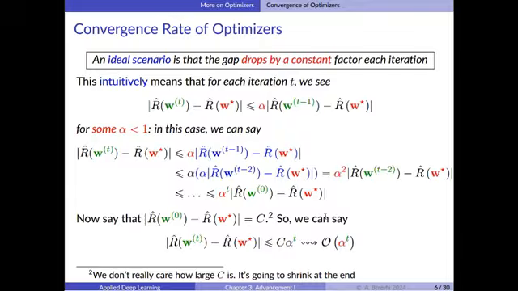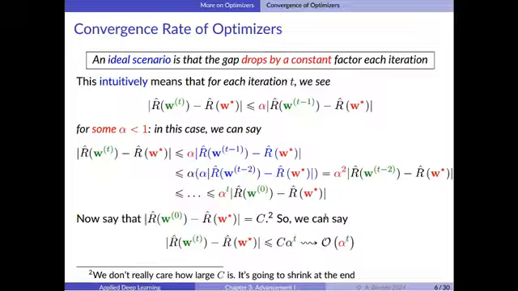So we can say that if the optimality gap at time 0 is equal to c, the optimality gap at time t is equal to c times alpha to the power t.